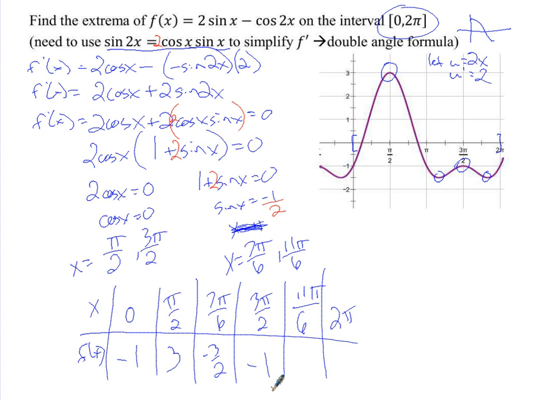Okay, 11 pi over 6. Negative 1/2 times 2, negative 1. Then 2 times 11 pi over 6, so 11 pi over 3 for that, once you multiply it by 2. So what did you get?